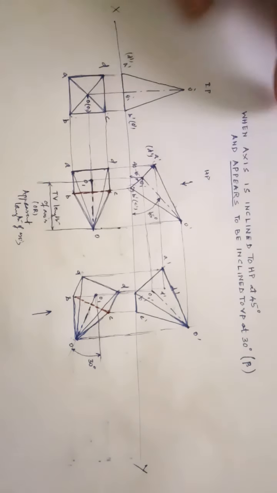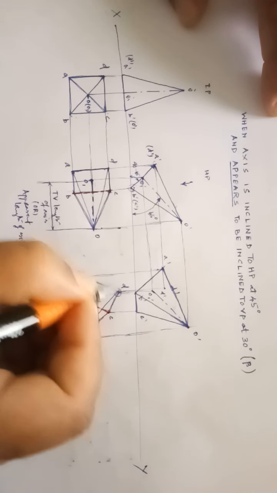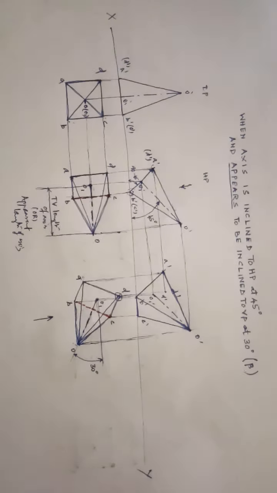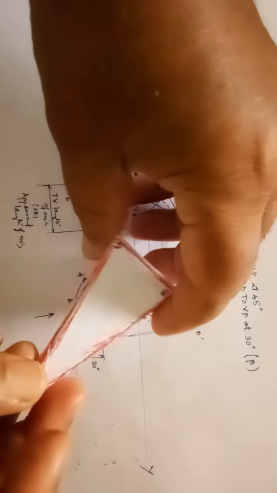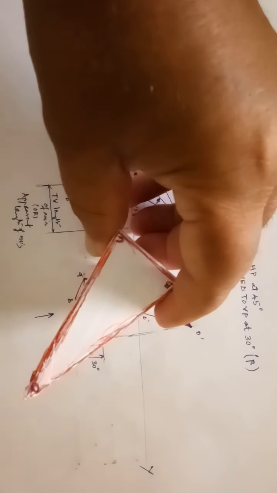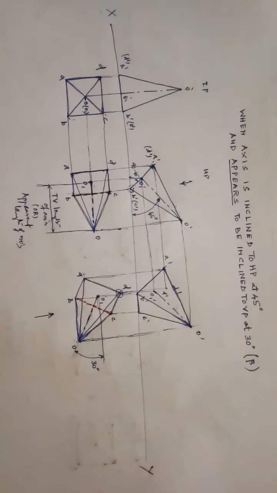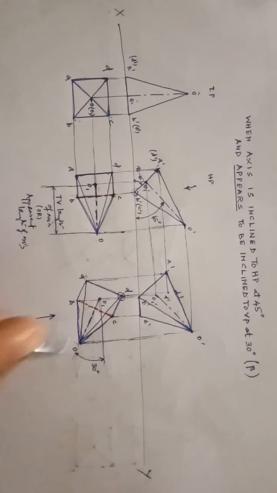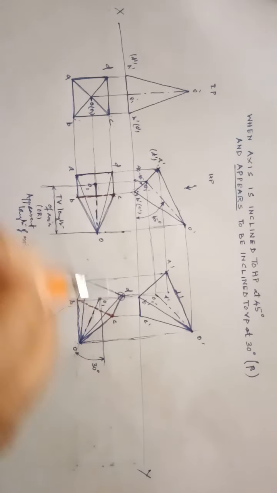Okay, what about D dash? If you look from here, this D is invisible, away from you. You can see it is like this. Okay, it is like this, so it is away from you, it is somewhere here. Okay, so it is not visible to you. If you look from here, this point is away from you, it will not be visible.